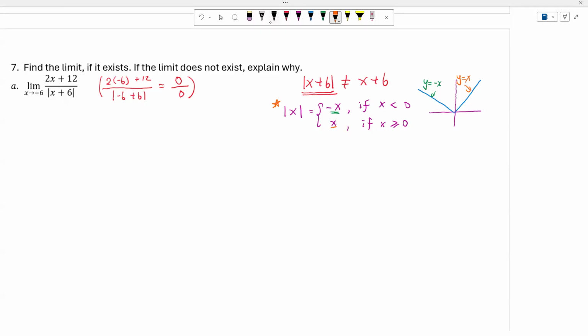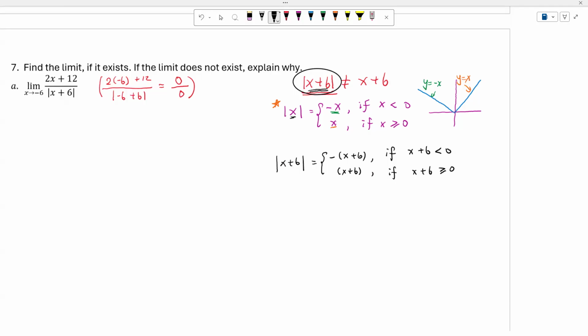And then now, what we are going to do is work with this. We would like to replace x with x plus 6. So I replace all the x with x plus 6: negative (x plus 6) if x plus 6 is less than 0, and x plus 6 if x plus 6 is greater than or equal to 0.